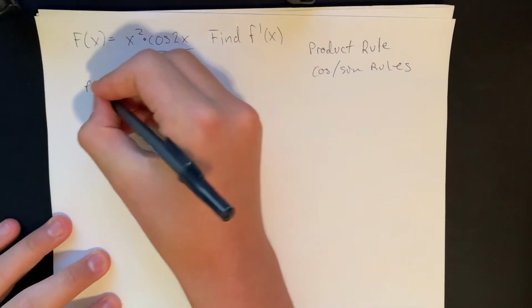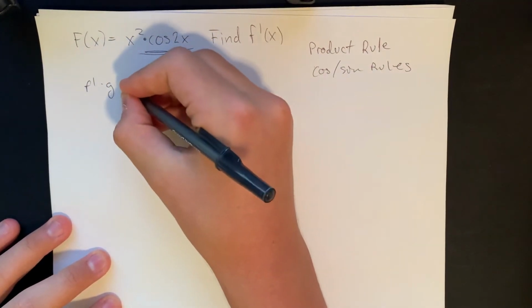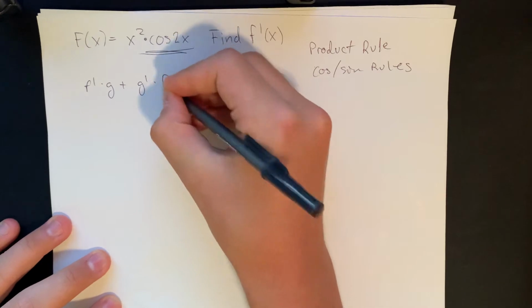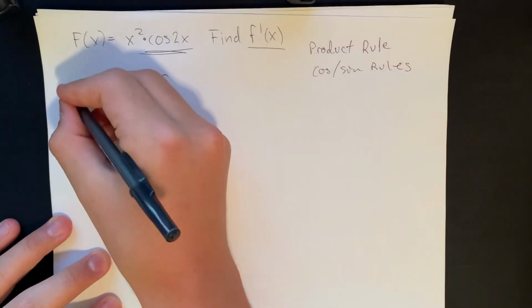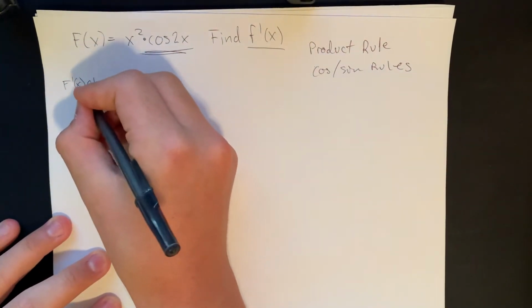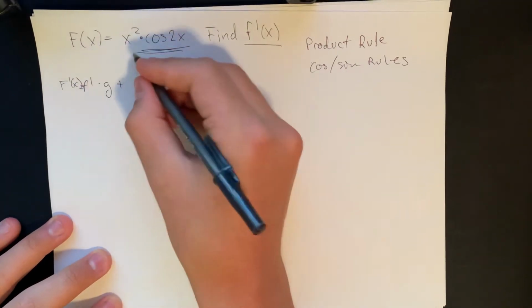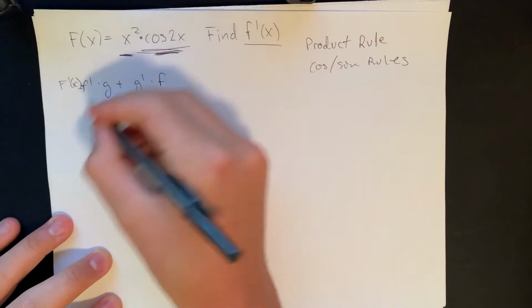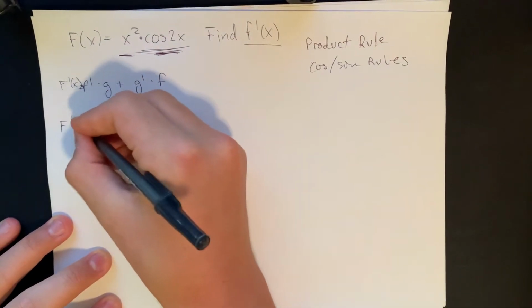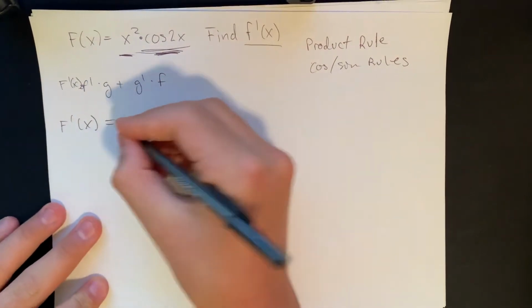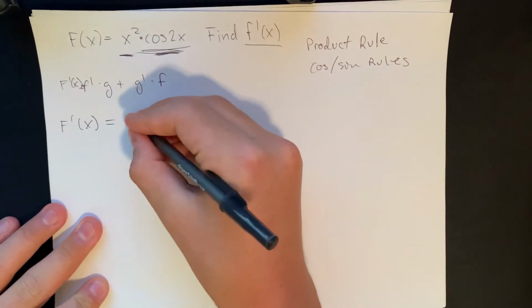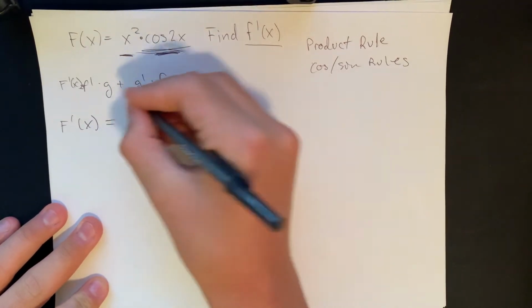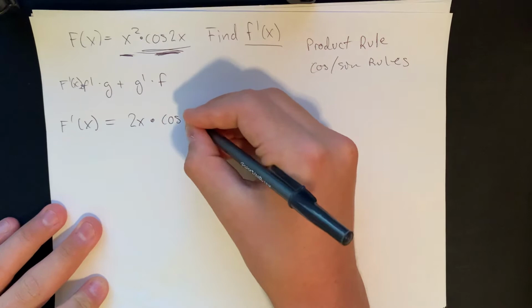So it'll be f prime times g plus g prime times f in order to find f prime. So we'll plug in our f prime and our g is this. So our f prime of x will be 2x times our g, which is just cosine 2x.